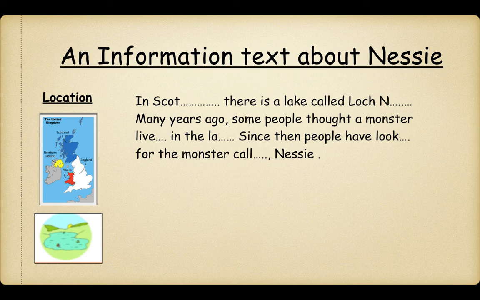Many years ago, some people thought a monster lived in the lake. That's our past tense from live, which is the verb, and we added d to the end to make it lived in the lake. And lake is a noun. Since then, people have looked for the monster called Nessie. So quite a few ed words in there.